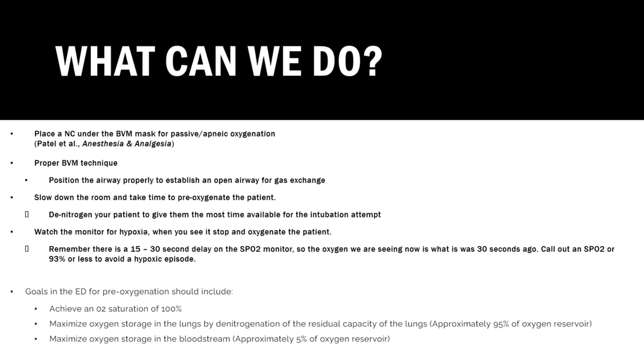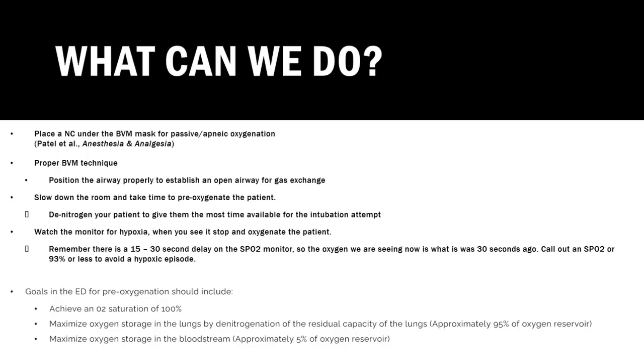We can do proper BVM technique, meaning that as long as we can get this airway open and we can bag this patient, the emergency is over. Remember, the tube is just the final product. What we're really looking for is to move air in and move air out.